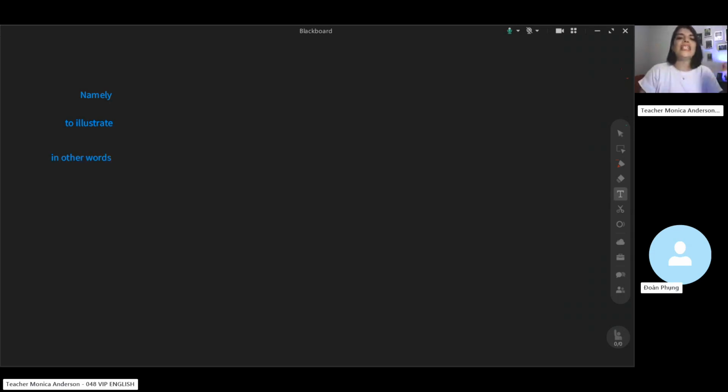So: namely, to illustrate, such as, or one clear example is. All of them can be used like for example and for instance. All of them are easy to use, especially namely, because this one may be new for you.